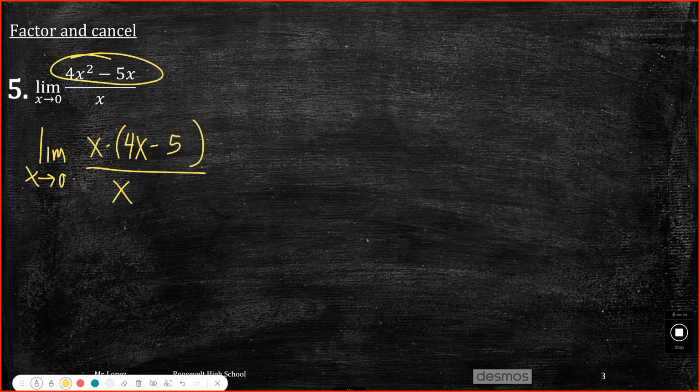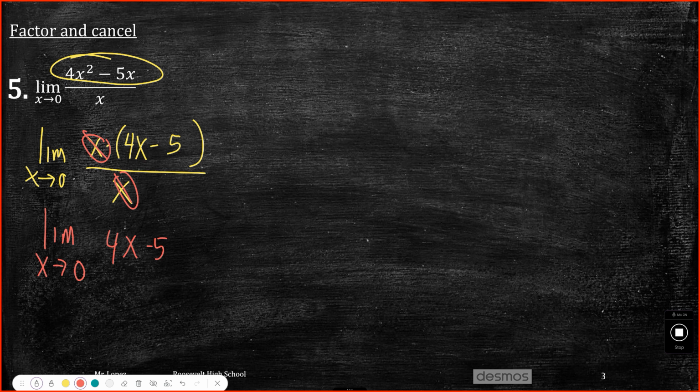What can we do here now? Cancel what? X and x, cancel this x. Now we have the limit as x approaches 0 of 4x minus 5. And now we can do direct substitution. And the answer is what? If you just plug it in now, what do we get?